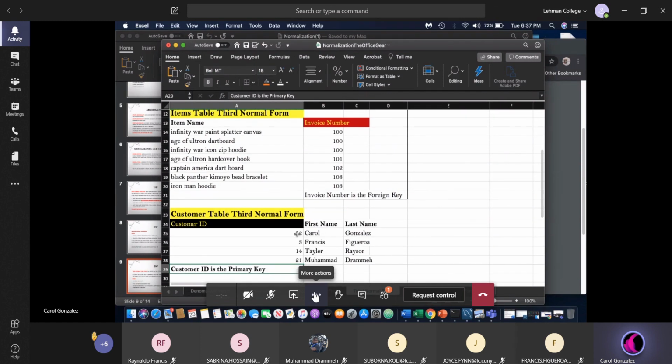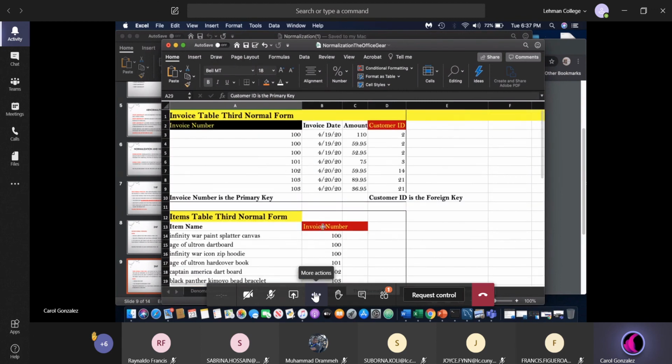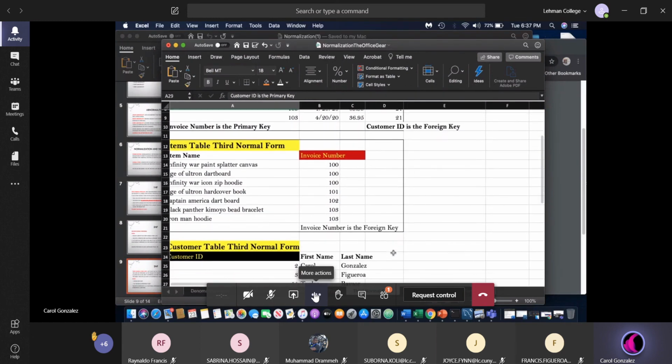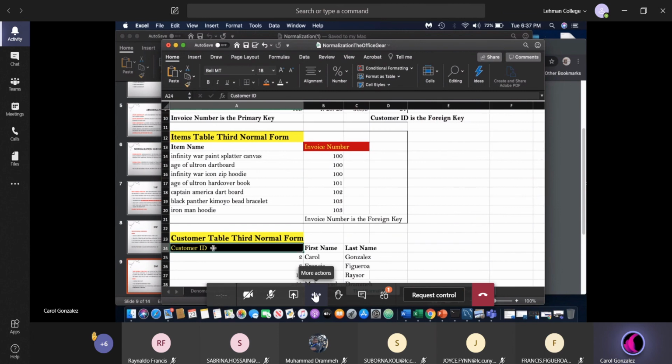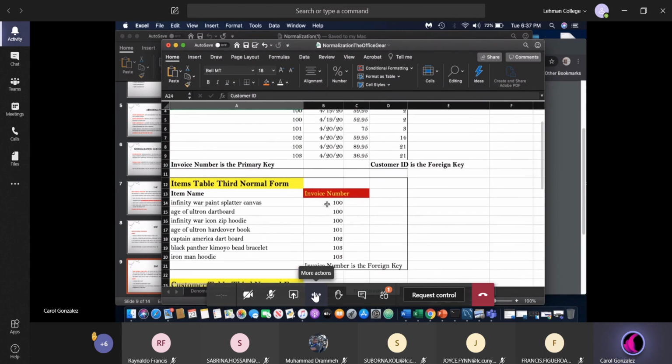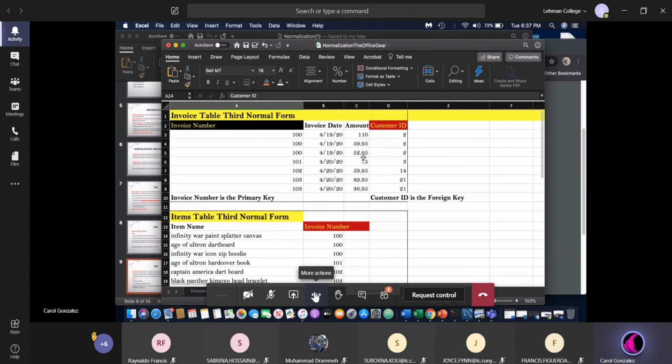We broke the table down into three. This is one, this is two, this is three. And the only way these three tables talk to one another is through the foreign keys. Hence, no transitive dependency, which means that they are completely separated and they communicate only through the foreign keys, which are what assist us in making relationships with tables.